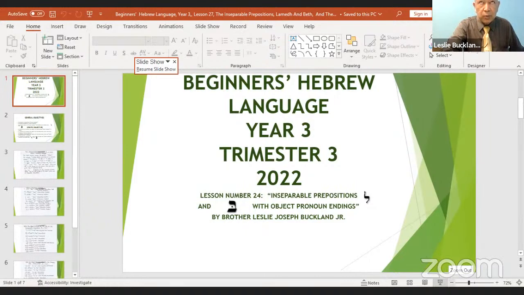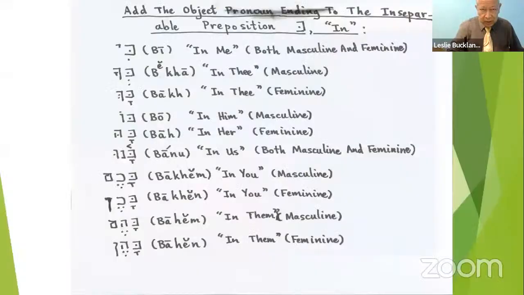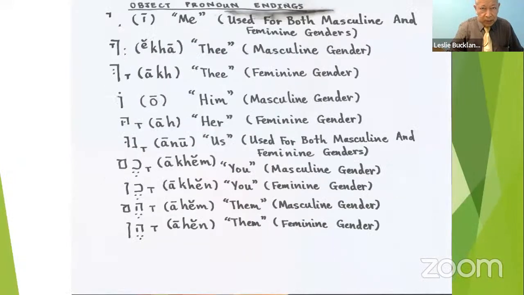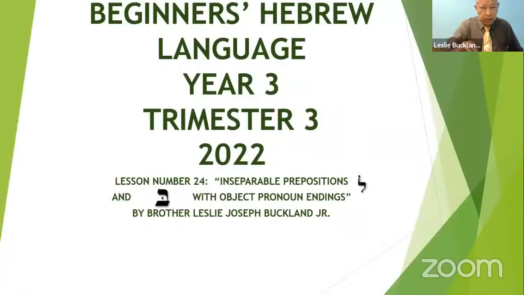Lesson 25 was the absolute and construct state of nouns. Lesson 26 was possessive pronoun endings. And so this is lesson 27, which deals with the object pronoun endings added to two inseparable prepositions, lamed and beth.